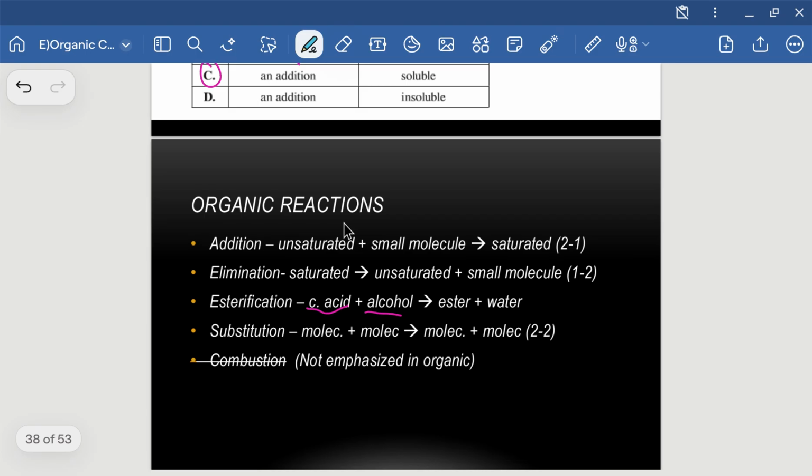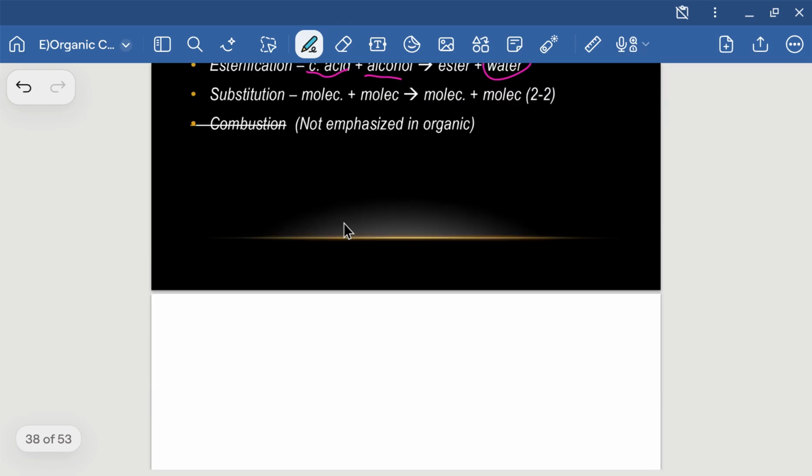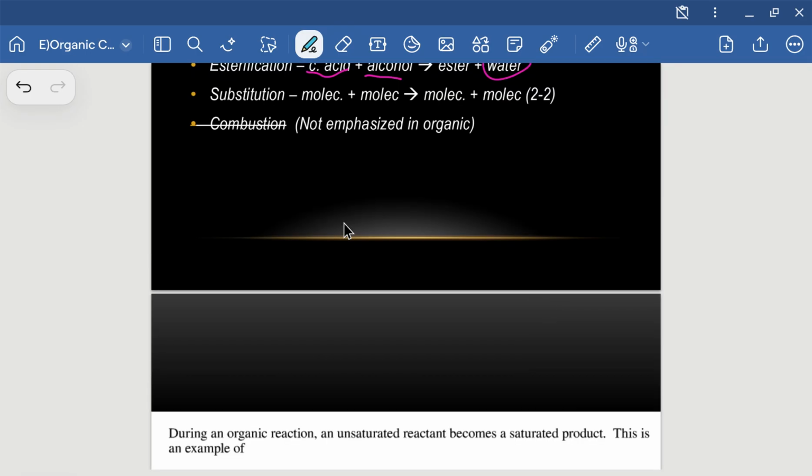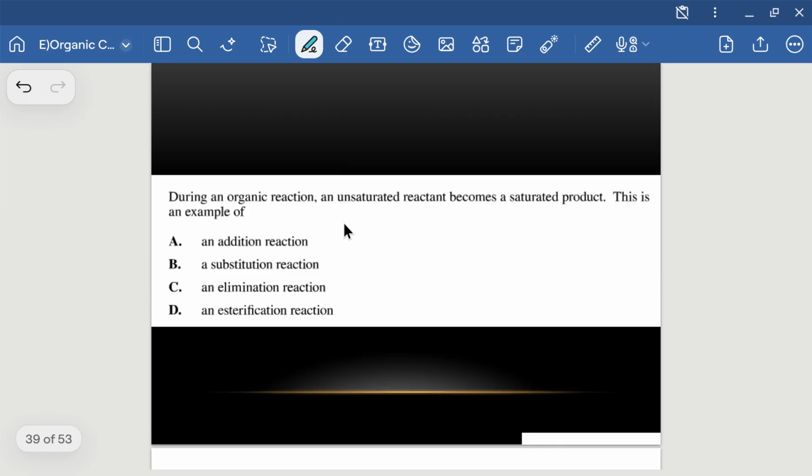And then substitution is when you have a molecule plus a small molecule, and something on that bigger molecule will swap with the smaller molecule, and you'll still have 2 molecules on each side, meaning 2 reactants, 2 products.